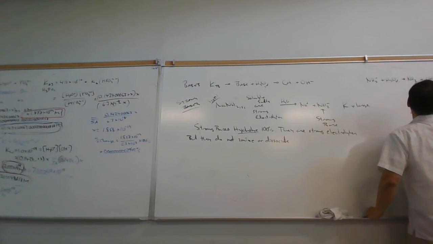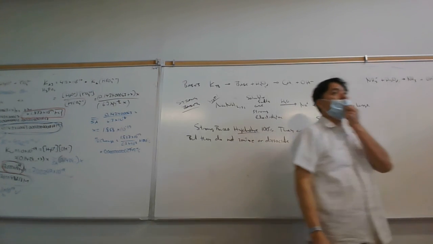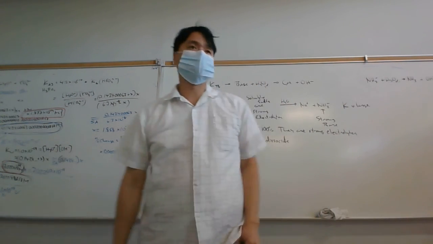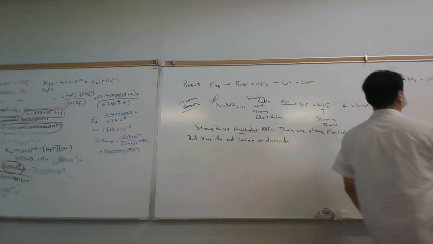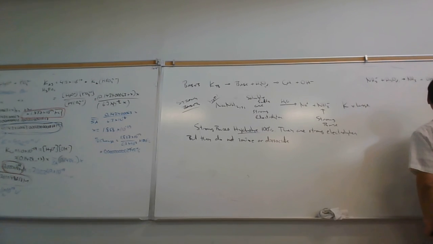Kb for this is very large. How do I know? Because all strong bases have a Kb that's very large. Literally very large. Or we can calculate this. If we calculate it, Kb for this is equal to Kw divided by the Ka for what acid?